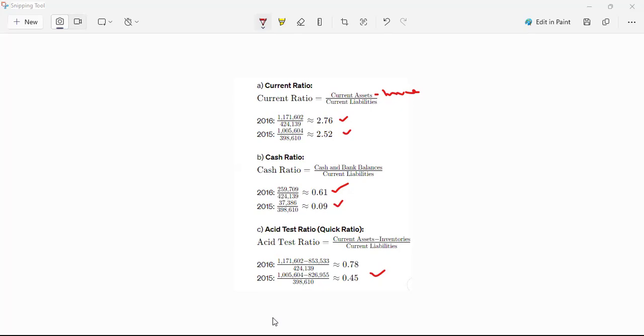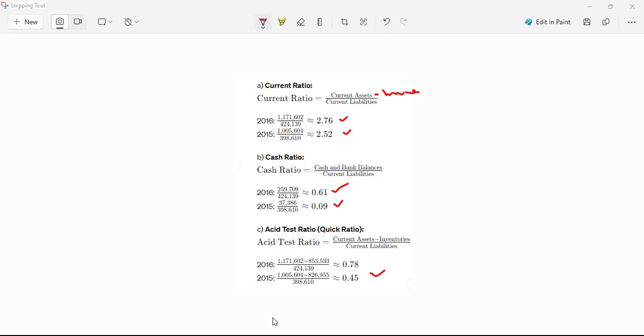This indicates a significant improvement in liquidity, and suggests a higher proportion of liquid assets, excluding inventory. The implication is that if you're above 1, the company is most liquid and sufficient to cover its short-term liabilities without relying on inventory. So this increase signifies an improvement in liquidity and a stronger ability to meet what?